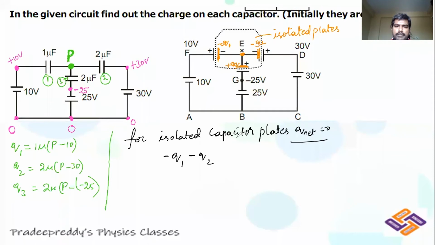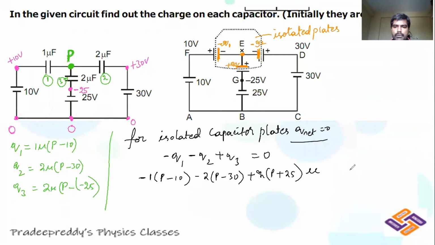And the third one, plus Q3 is equal to 0. What is Q1? Q1 is minus of 1 into P minus 10. Minus of what is Q2? Q2 is 2 into P minus 30. Plus, what is Q3? It is 2 into P plus 25. Overall, in micro, is equal to 0.